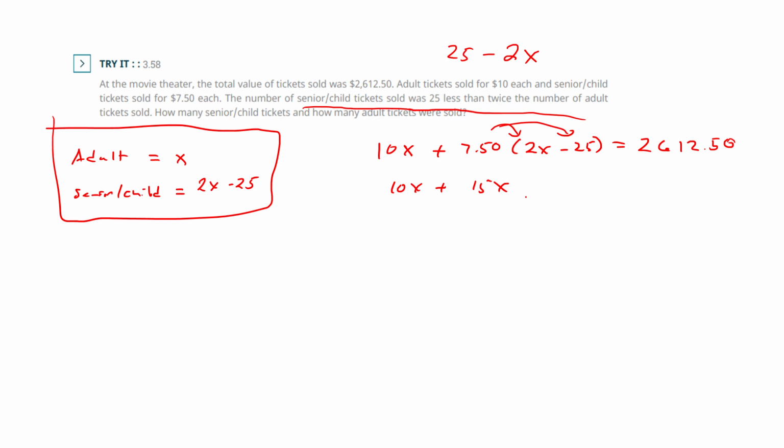What would that be? So don't forget the negative sign there. So he went there, we get negative 187.50. Okay, combine our like terms. We've got 25 x's now.